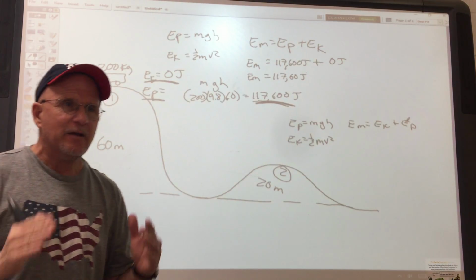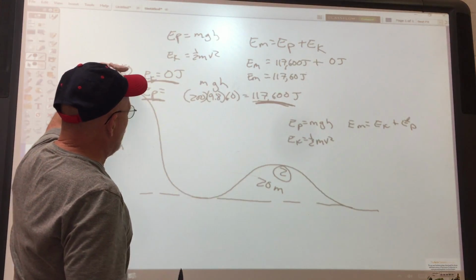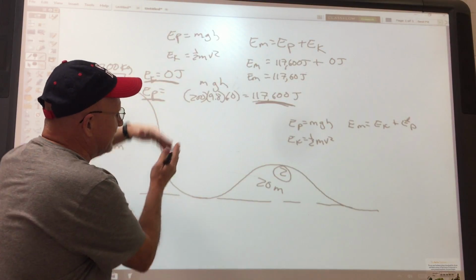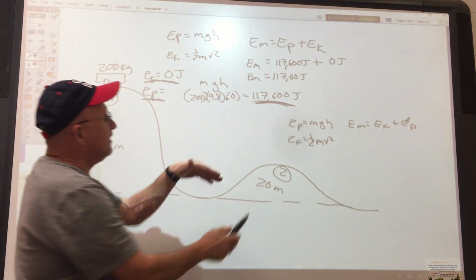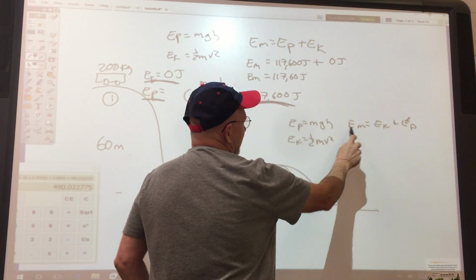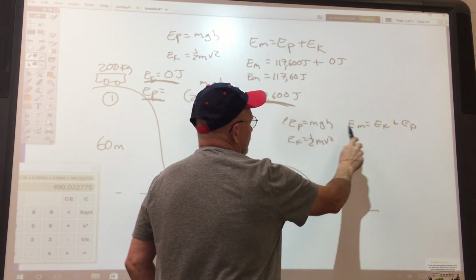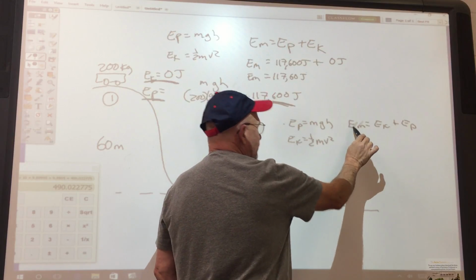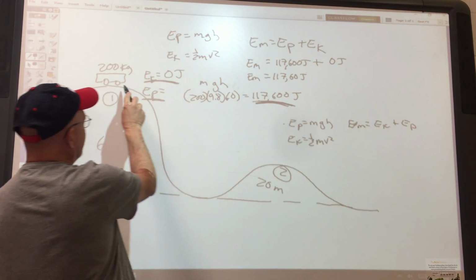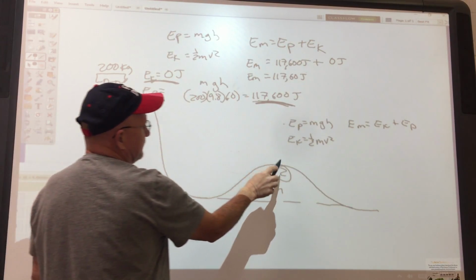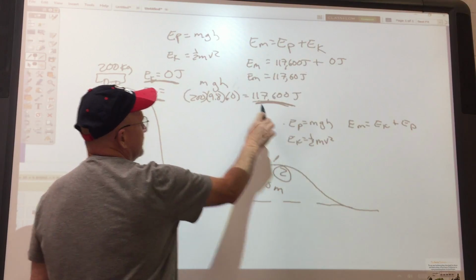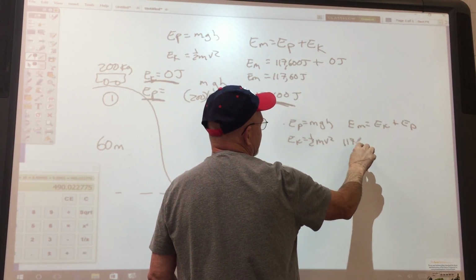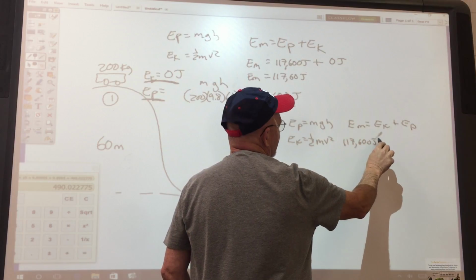This is the key piece: once I get this roller coaster moving, the mechanical energy is going to stay the same all the time, so I'm not really going to deal with these formulas as much. Since I've already figured it at the top, the EM here is 117,600 joules.